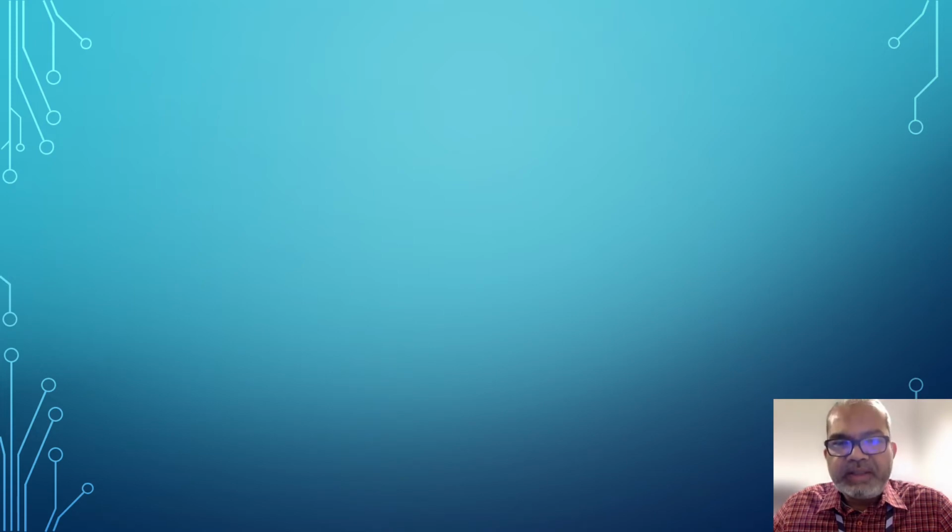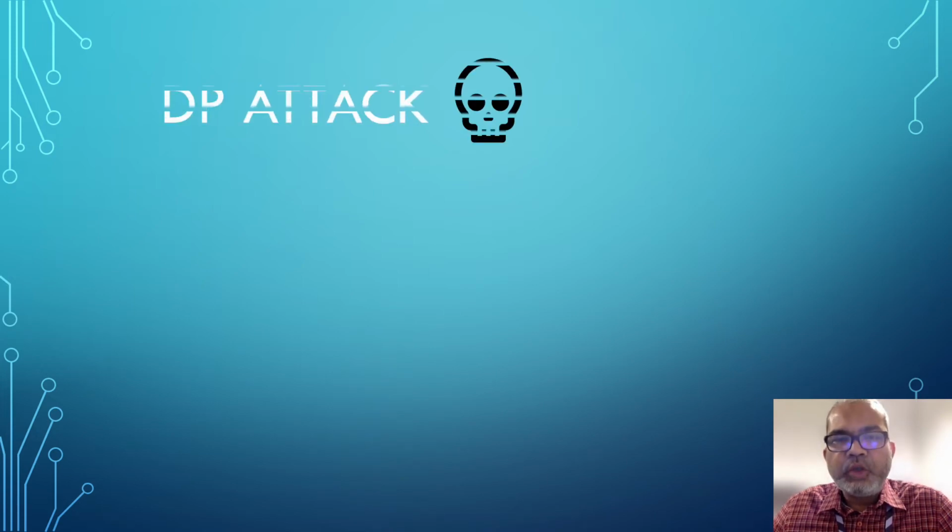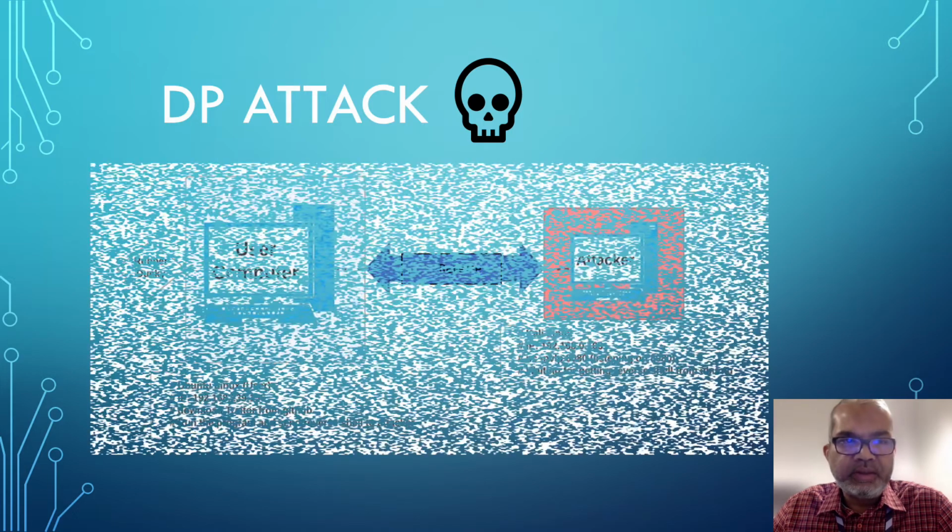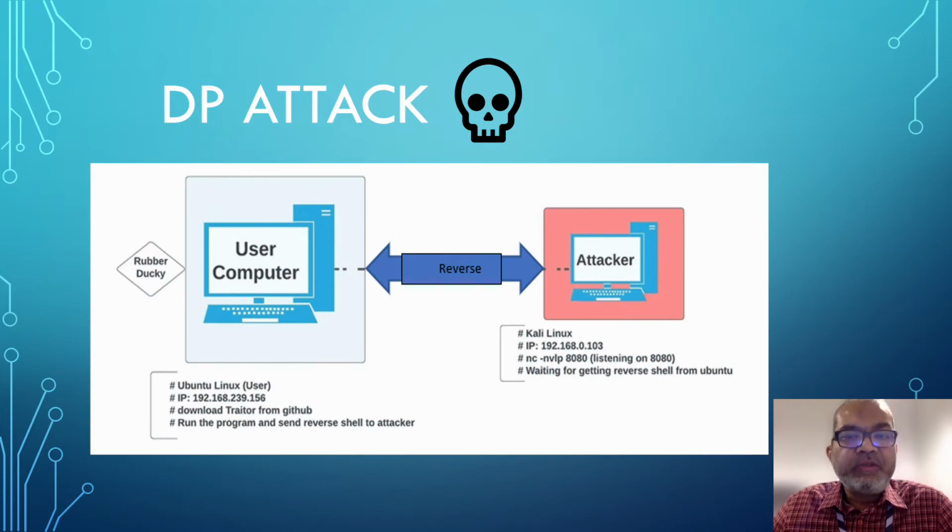My first attack is the DP attack, whose logo is a skeleton of a human face. In this incident, we are going to attack a user computer with our pre-configured USB device and get full control of the victim computer. The user is using an Ubuntu Linux machine through a non-root user.